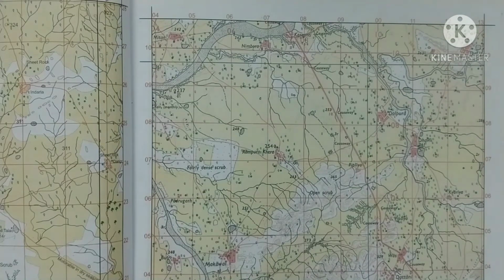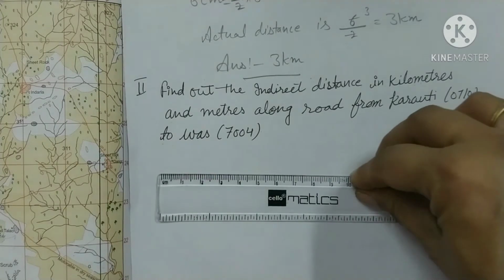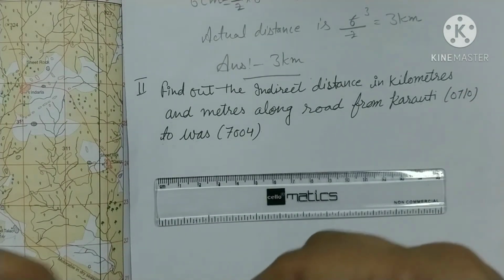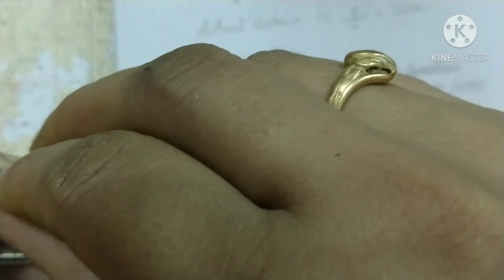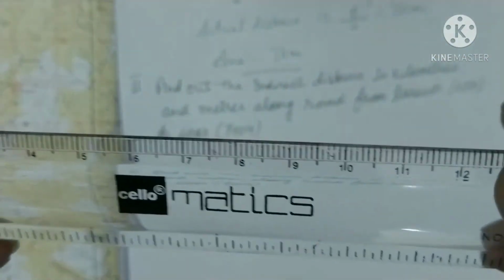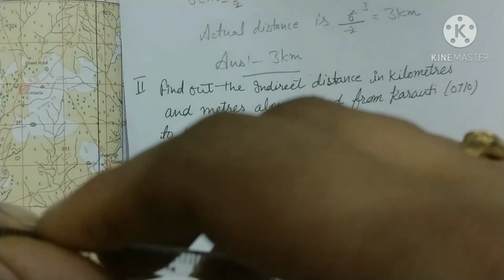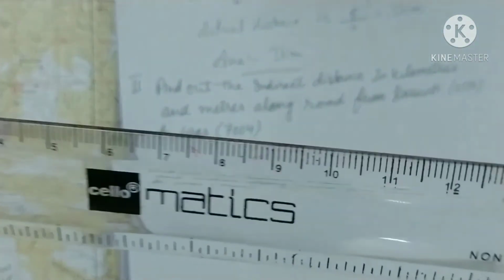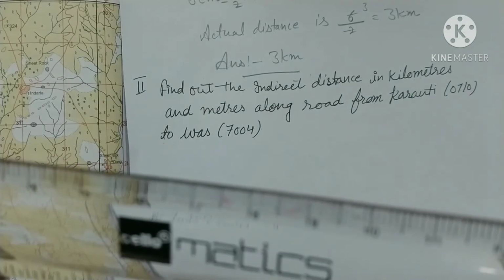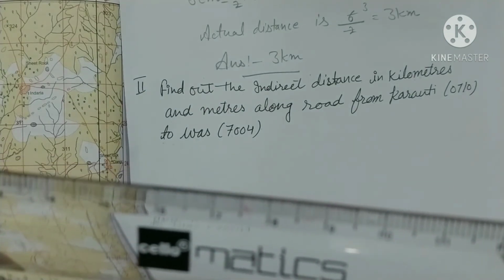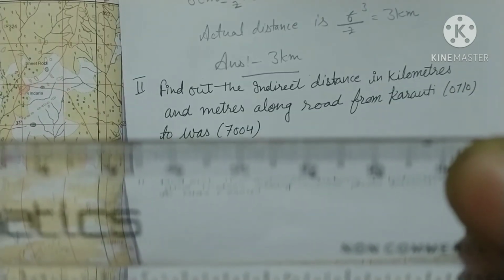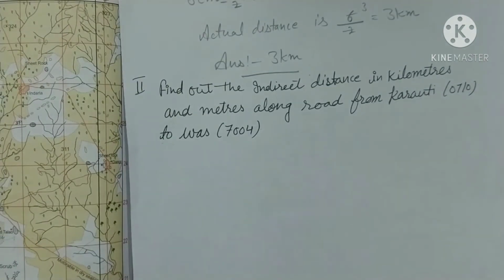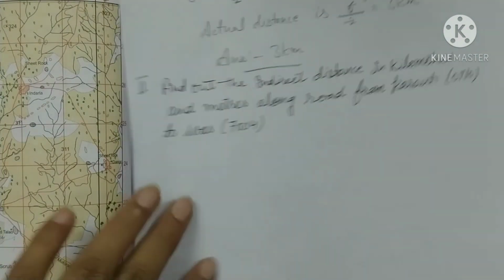Now take a scale and, from the starting point of the thread, like this, stretch the thread along the scale properly. As we can see, the mark is at 13.8. So here the map distance is 13.8.